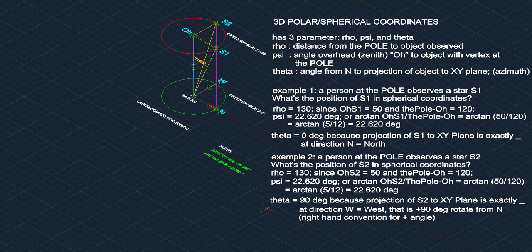So the theta or azimuth is 90 degree, because the projection of S2 to the XY plane or base plane here is exactly at the direction W, equal west. This is a plus 90 degree rotation from N. We use a right hand convention for plus angle.